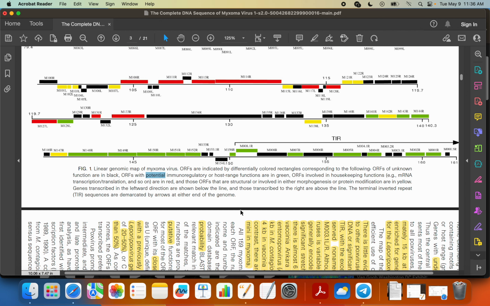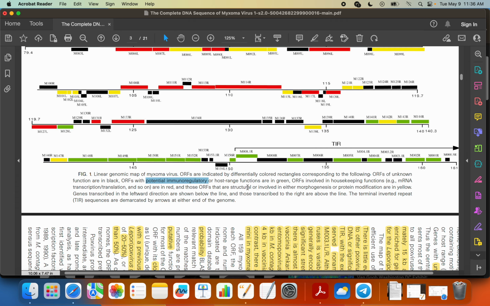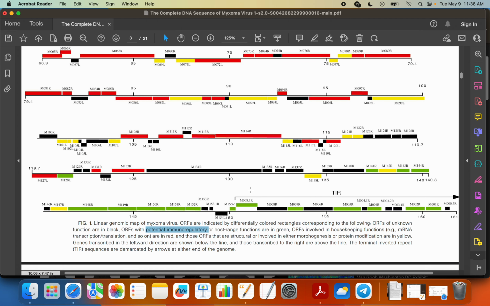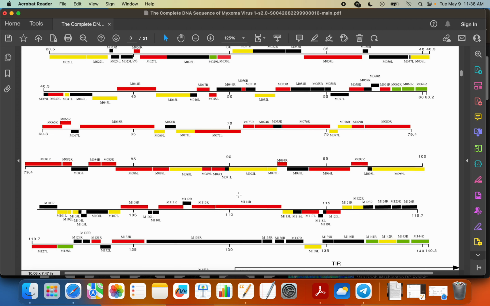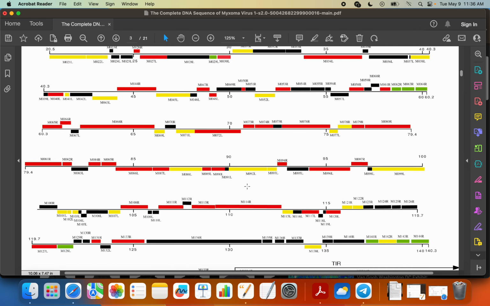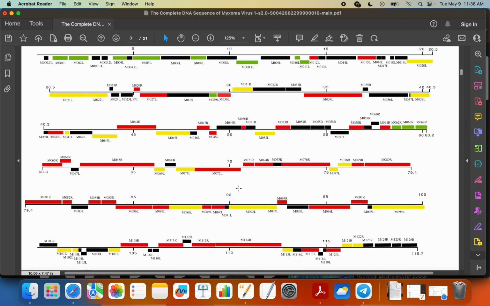And then, I don't know, this immunoregulatory, I guess they're functional also, but because they say it's a virus, it disrupts the immune system of the host. So I don't know what would be the equivalent of that for cars.